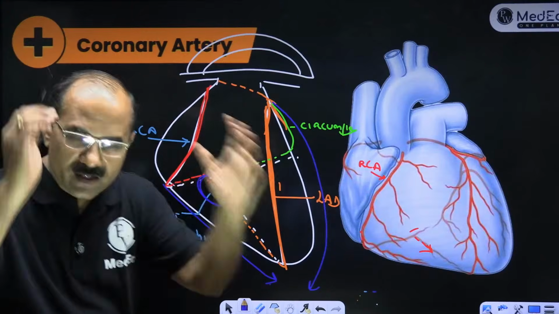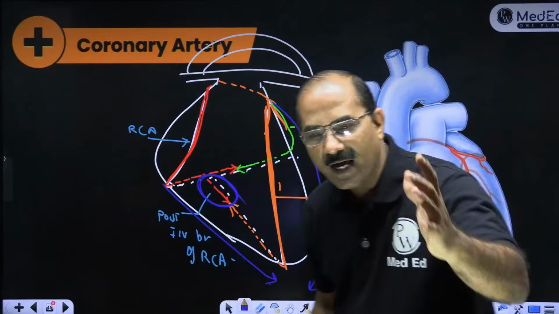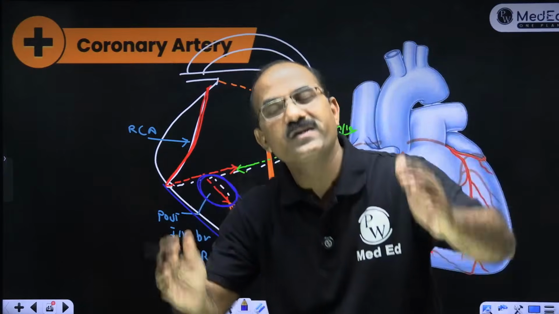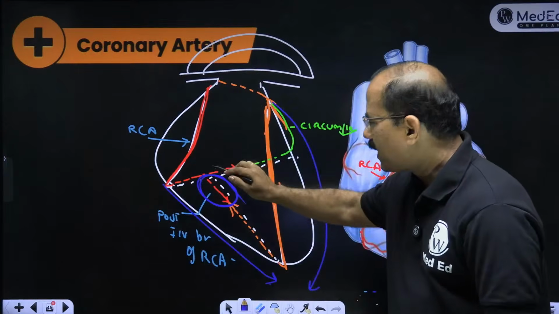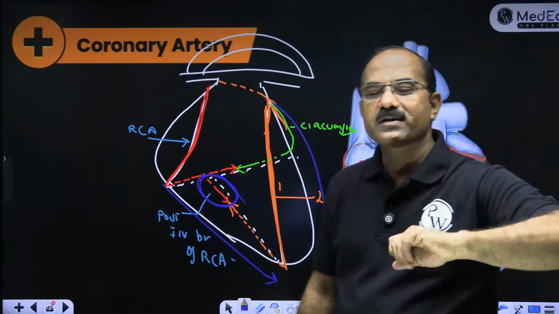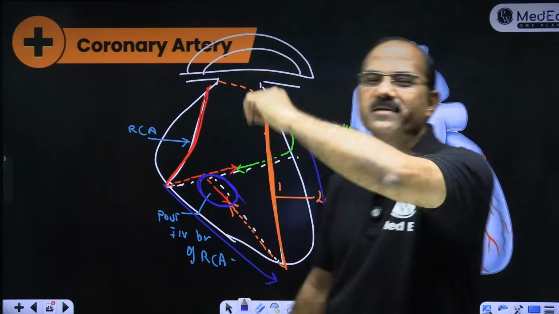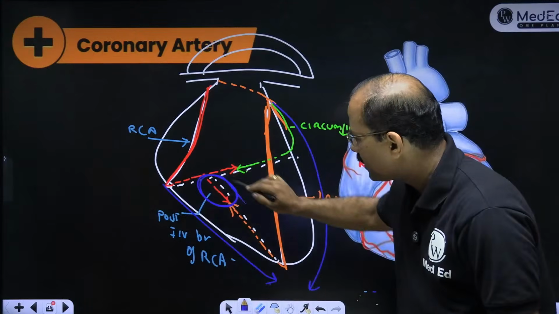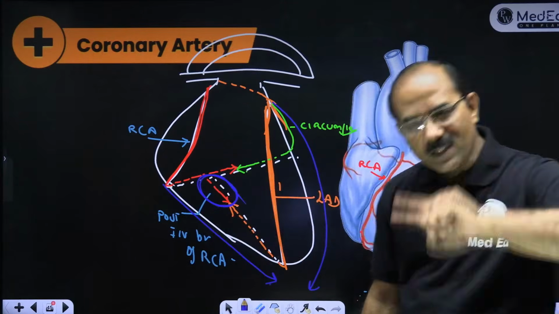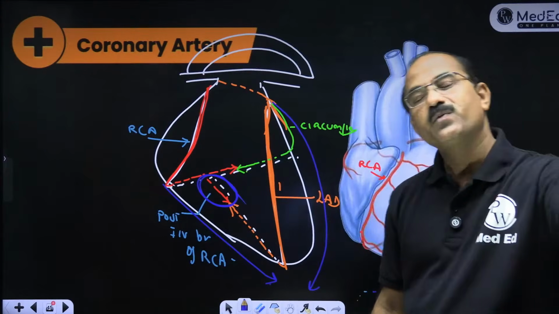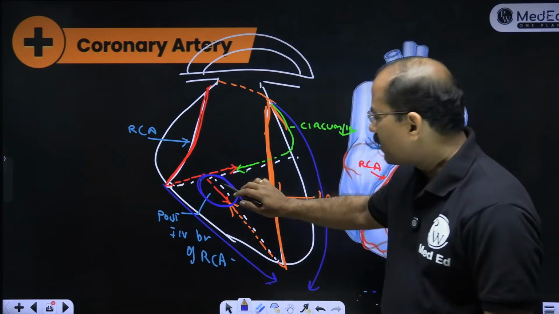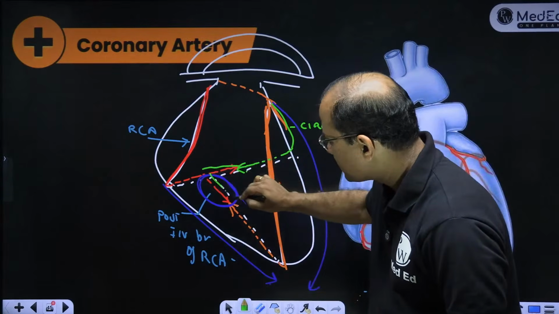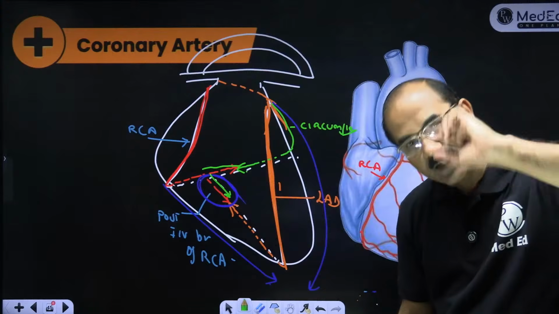This posterior interventricular artery is a branch of the right coronary artery in 85% of the cases. If this is a branch of the right coronary, we call this right coronary dominance. So who decides the cardiac dominance? The posterior interventricular artery. If the circumflex comes here and gives this branch, it is left cardiac dominance.